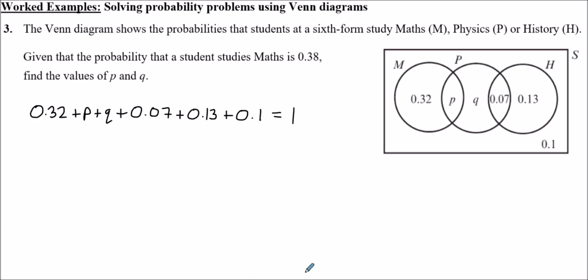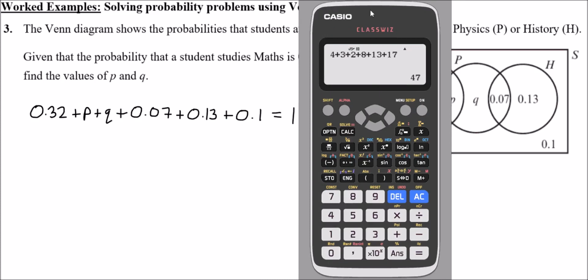So we need to simplify this, which we can do fairly easily. So 0.32 plus 0.07 plus 0.13 plus 0.1, that comes to 0.62.